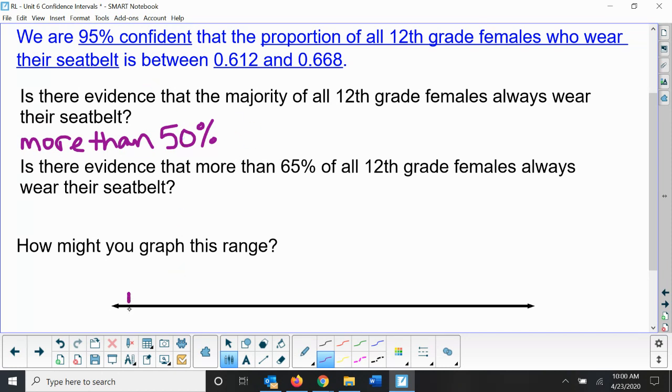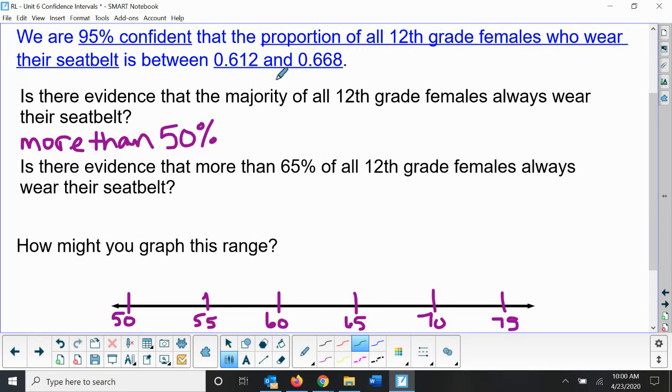So because 50% seems a lot lower than the other numbers, maybe I'll start with 50% there. And then let's see, we'll say this is 55, 60, 65, 70, and we can fit 75 in there. All right, so I'm going to graph my interval first.